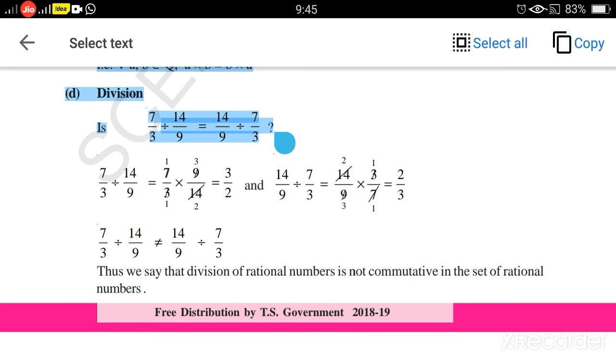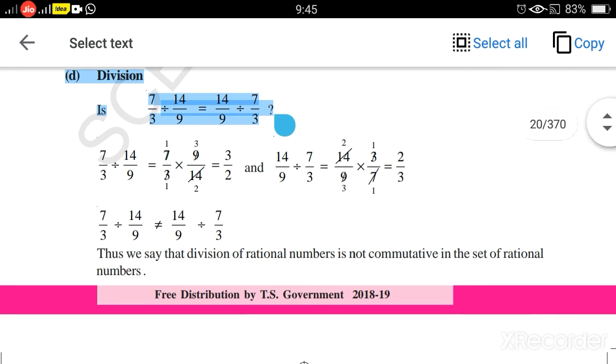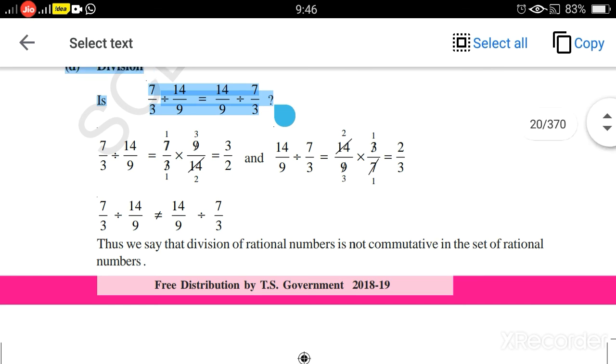When we divide by a fraction, we multiply by the reciprocal of the second fraction. The first fraction 7/3 stays as it is, change the division symbol to multiplication, and 14/9 becomes 9/14. Cancelling, we get 3/2.